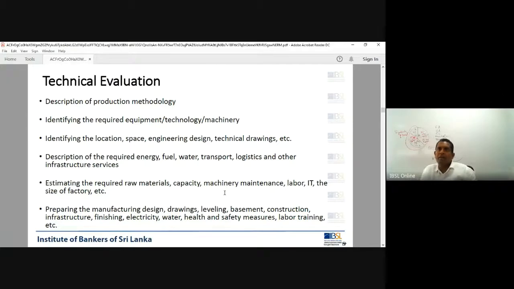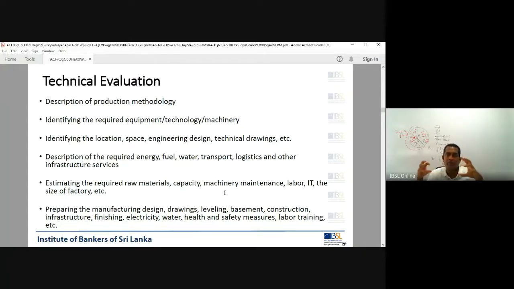Identify the location where we are going to do this, the space, then building drawings, engineering drawings for the building, and those things. Now we have identified the production methodology, the technology and machinery required, and the location. Then describe the energy, fuel, water.